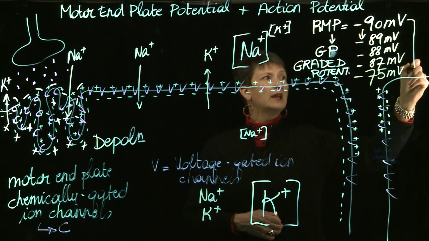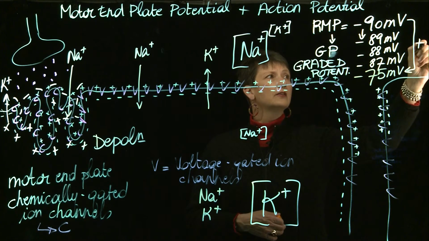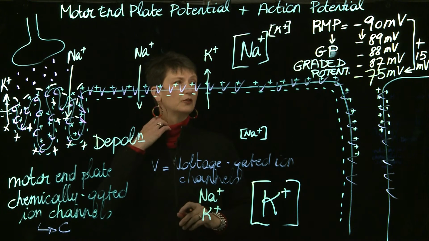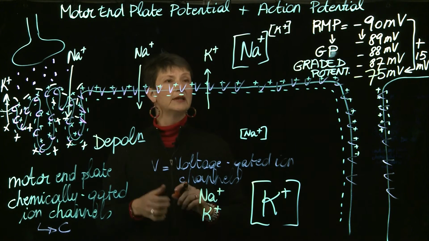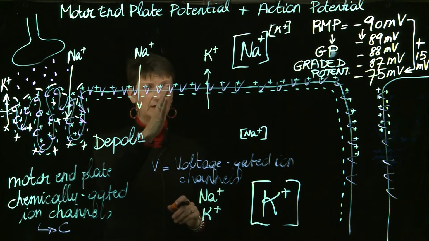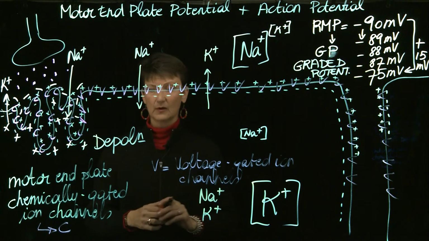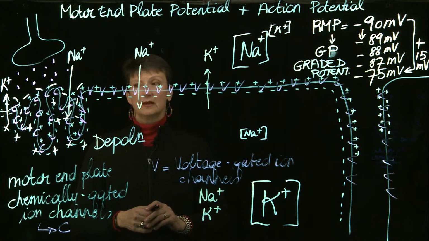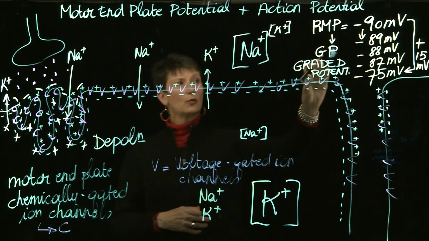So this is a change of about plus 15 millivolts. So plus 15 to plus 20 millivolts needs to happen in order for us to see the opening of our voltage-gated ion channels.